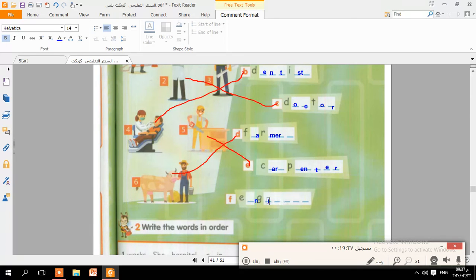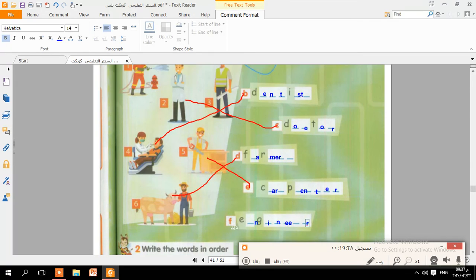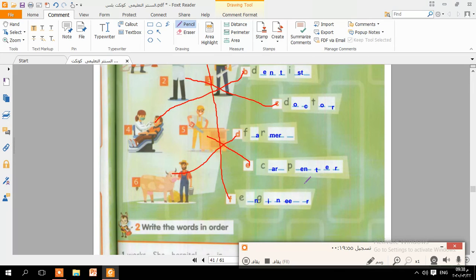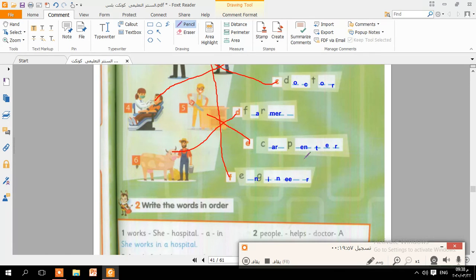N-G, engineer. And we will match letter F with what? Where is the engineer? It's number 3. So we'll match letter F with number 3. He's an engineer. I want you to complete these words by the missing letters and match the word with its picture.